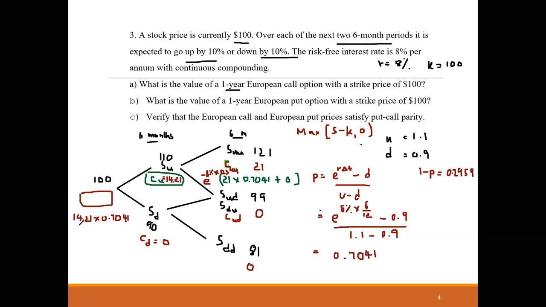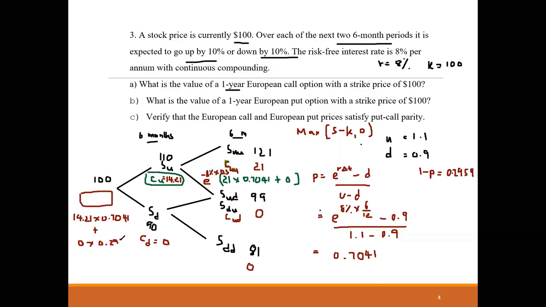If it goes up you can expect 14.21, but the probability of that happening is only 0.7041. So this is the expected value, plus 0 into 0.2959.